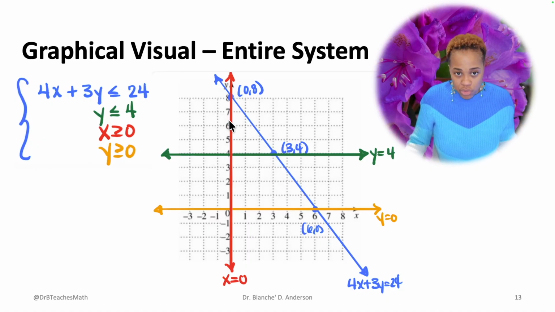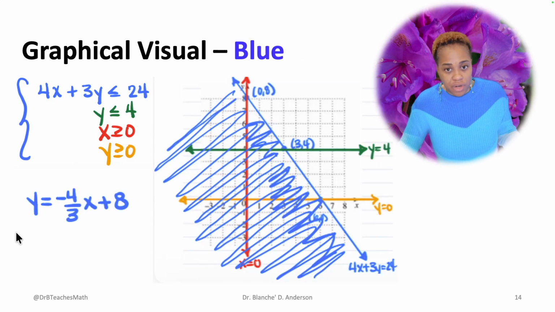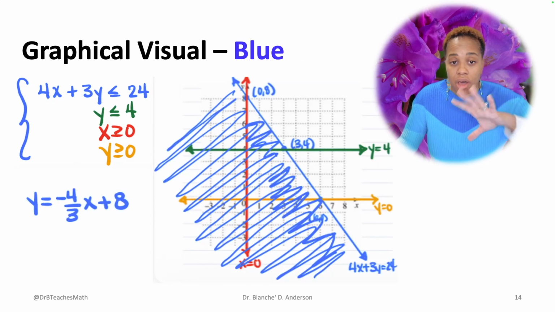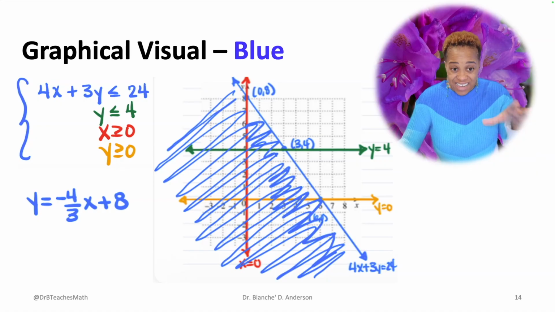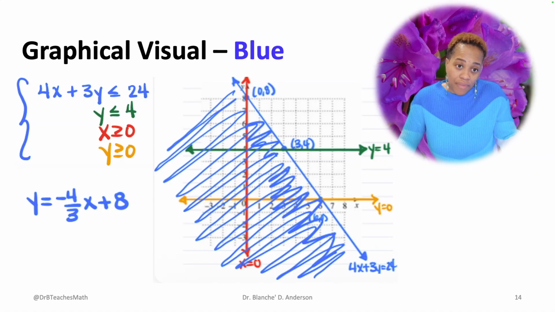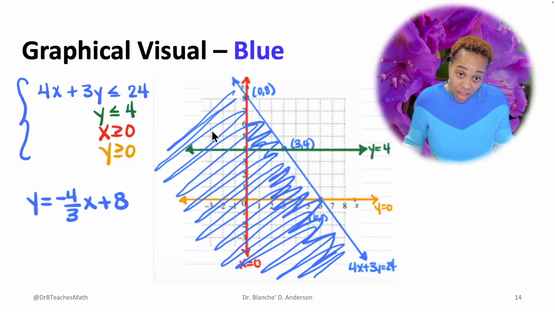So if I go through all of these and we have to figure out where to shade, let's look. So let's look at the blue line first. All of the points, all of the ordered pairs that make that equation true are on the bottom side, and on the line.